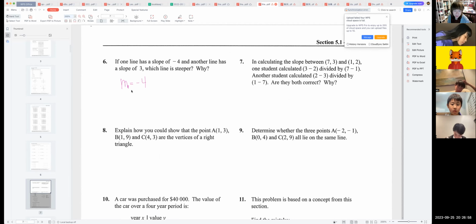Okay, m1 equals -4 and m2 equals 3. Which line is steeper? Okay, everybody think about it and tell me.